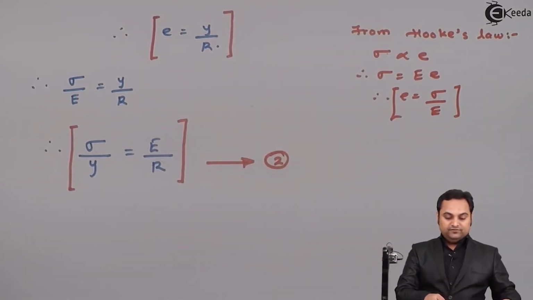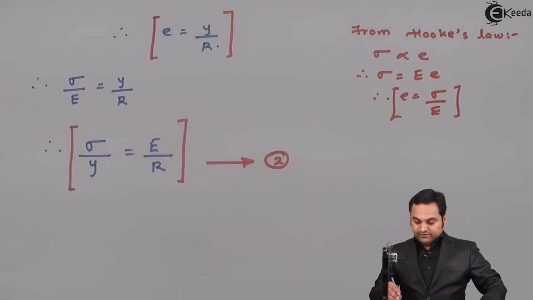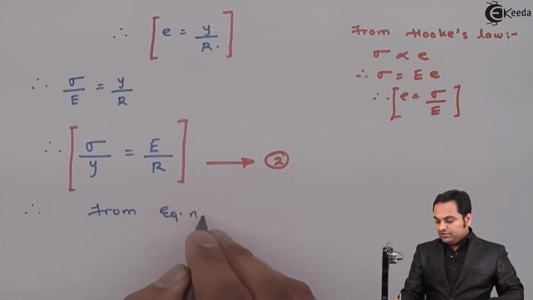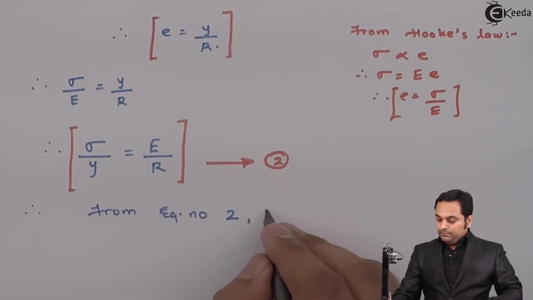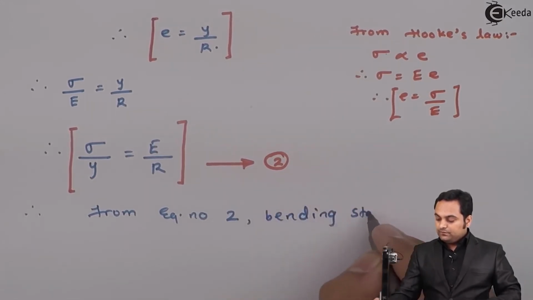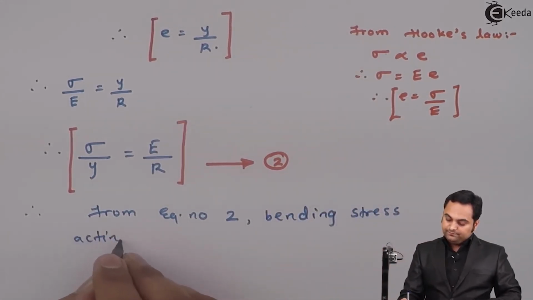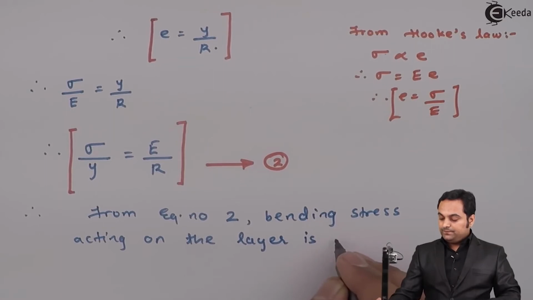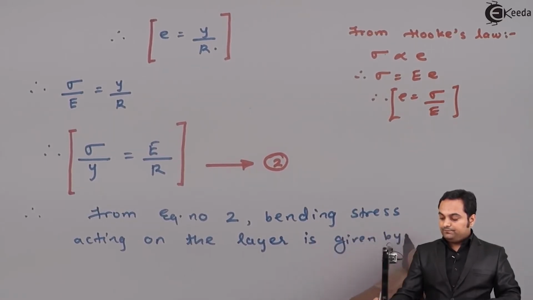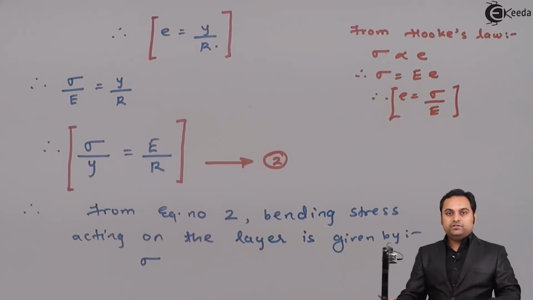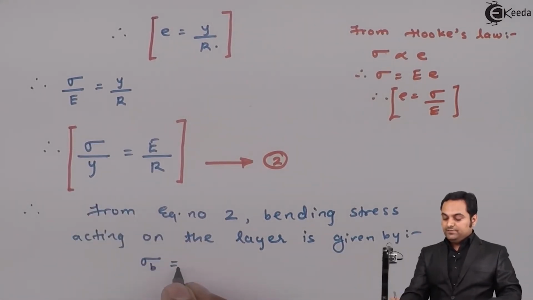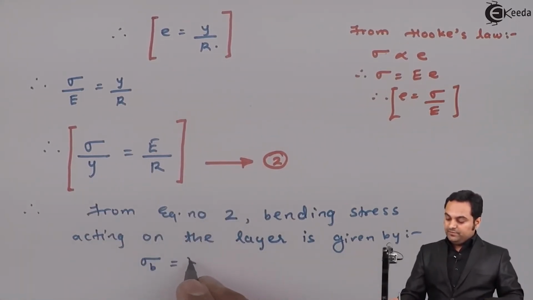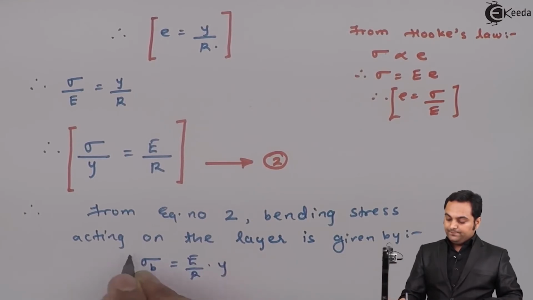Now after this, from equation number 2, the bending stress acting on the layer is given by, I'll keep sigma on one side because this sigma is nothing but sigma suffix b, the bending stress, and I'll shift y onto the other side, so it becomes E by R into y.